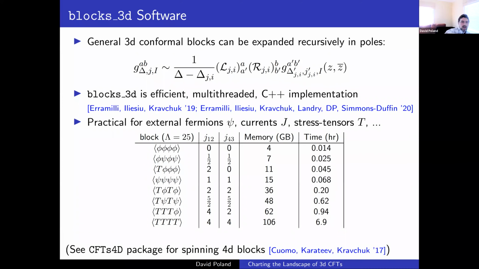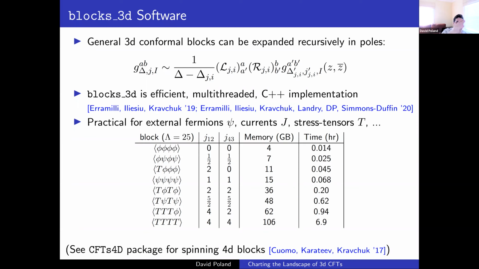Okay, thank you. So let me just show you one of the other frontiers of the bootstrap, which is extending the bootstrap techniques to correlation functions involving external spinning operators.